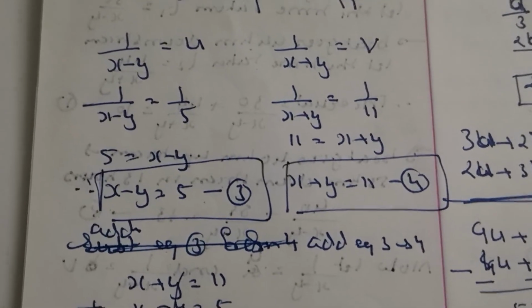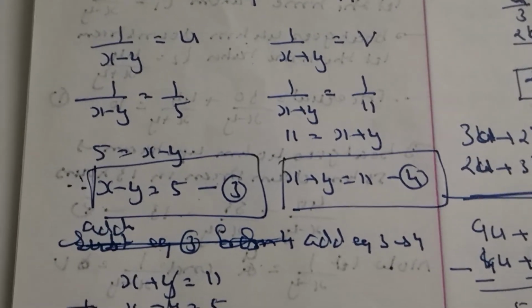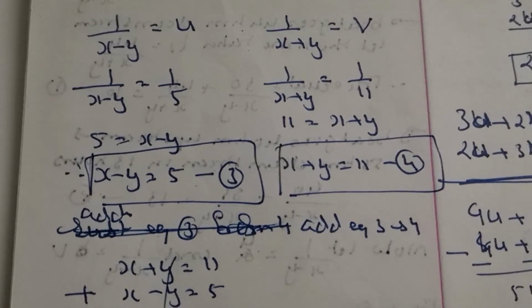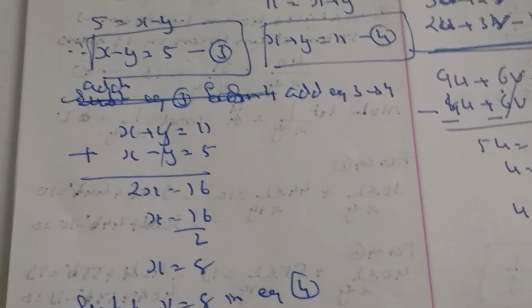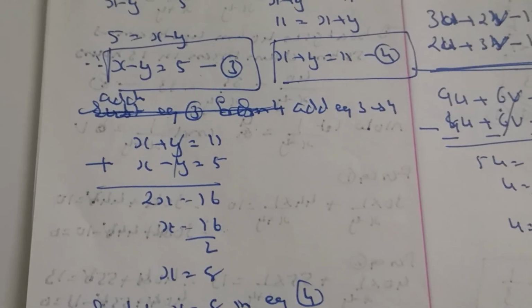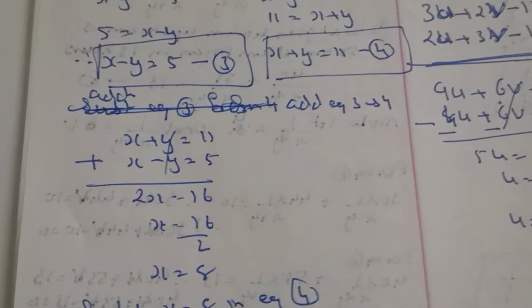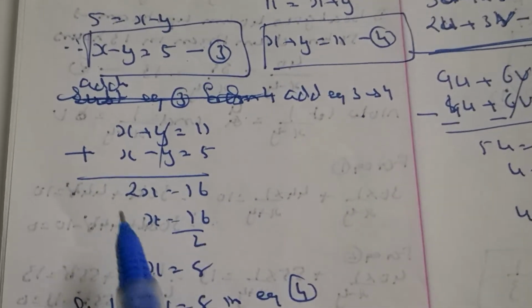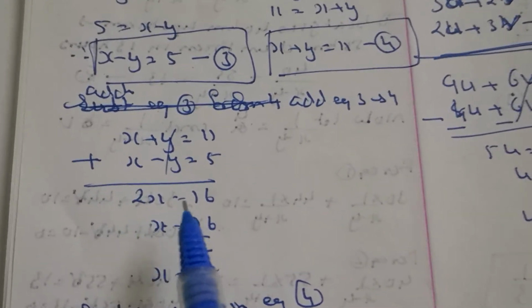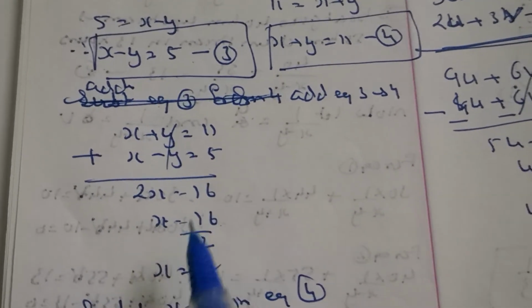Now you see x minus y and x plus y have opposite signs. So adding equations 3 and 4, x plus y is equal to 11, x minus y is equal to 5. Plus minus gets cancelled, x plus x is 2x, 11 plus 5 is equal to 16.